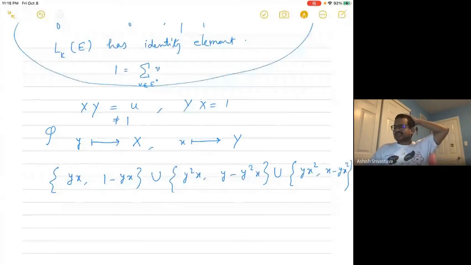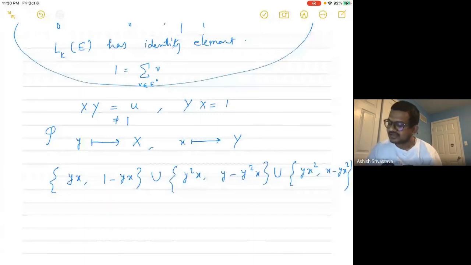You can check that, first of all, we have a nice system of relations with these generators, because you see these are orthogonal to each other.